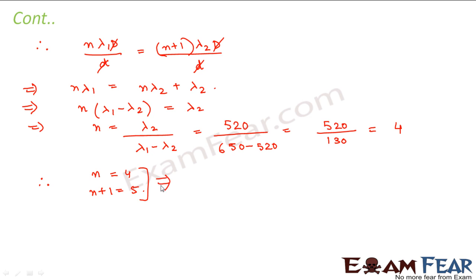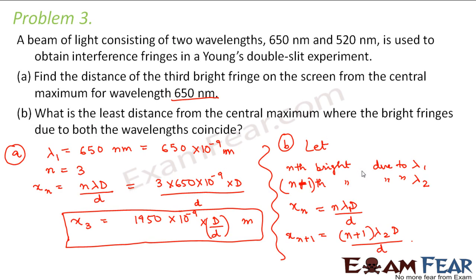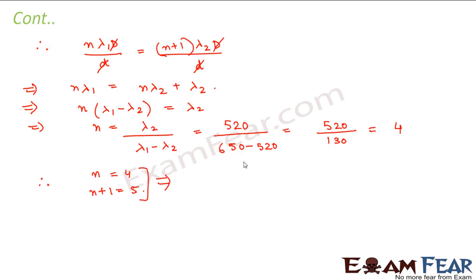So what is my result? What did we assume? We assume nth bright fringe due to lambda 1 coincides with n plus 1th bright fringe due to lambda 2. That means 4th bright fringe due to lambda 1. What is lambda 1? Lambda 1 was 650 nanometers.